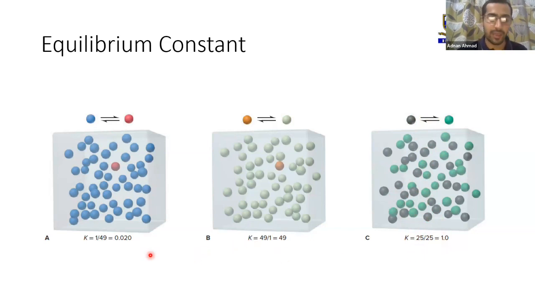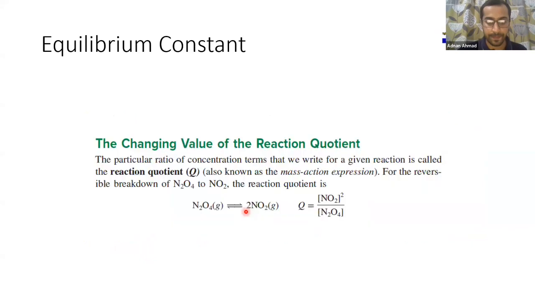If we look at the chemical equilibrium constant, we can predict how the reaction will proceed, from one way or the other. This is how we predict how the reaction will take place.